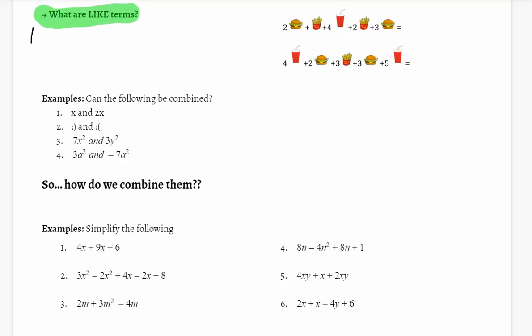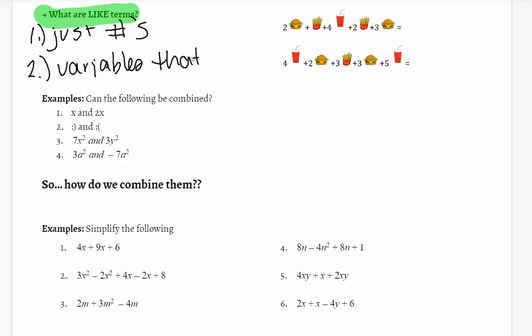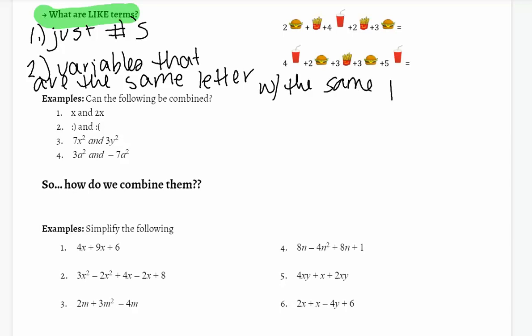Like terms can either be numbers, so just numbers, or like terms are variables that are the same letter with the same power. And power is just a fancy word for exponent.